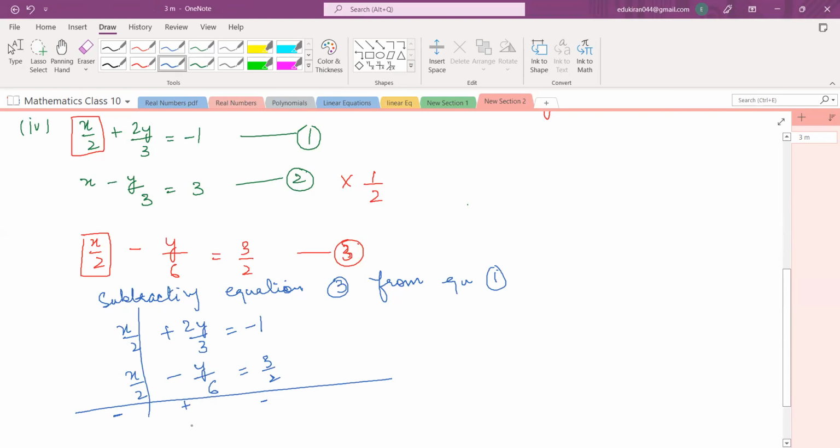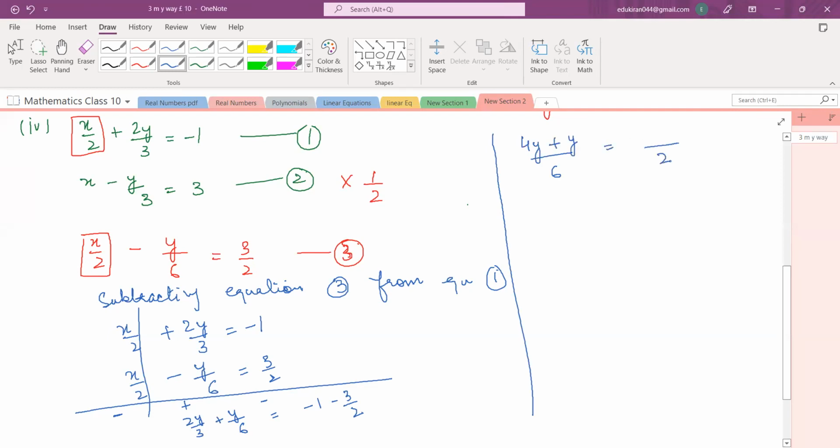Okay, so here I have now 2y by 3 plus y by 6 on the LHS. And here I have minus 1 and minus 3 by 2, correct? Yes, ma'am. So take LCM on the LHS. 6 will be the LCM. 3 into 2 and then 2 into 4, 4y plus y is equal to, again, take LCM here.